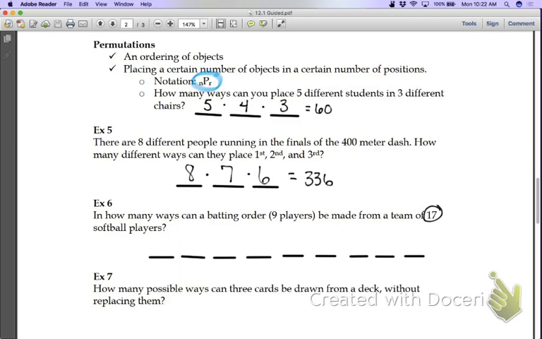Okay? So as far as lineup options, I would just go 17, 16, 15, 14 options, 13, 12, 11, 10, and 9. Okay? And multiply that all out to go from there.